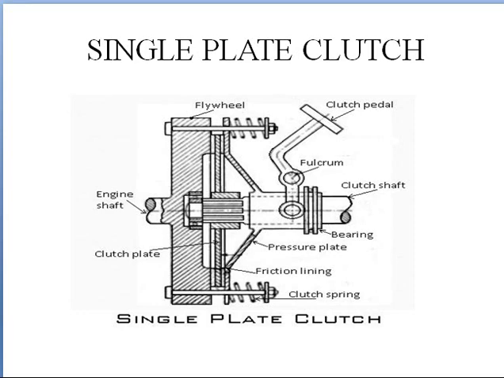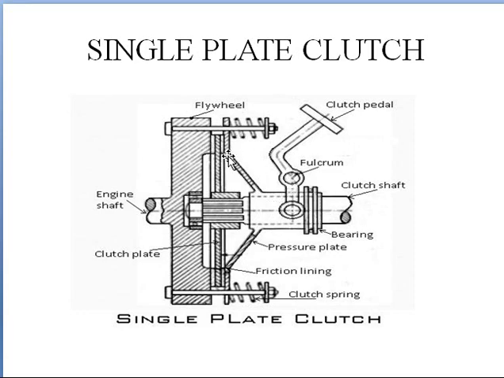Next one is the single plate clutch. In the case of a single plate clutch, we have only one plate, but in the case of multi plate clutches, we have n number of plates. Here, this is the plate with frictional lining, this is the flywheel, this is the engine shaft, and this is the clutch shaft. When we press the pedal, this fulcrum will move back.